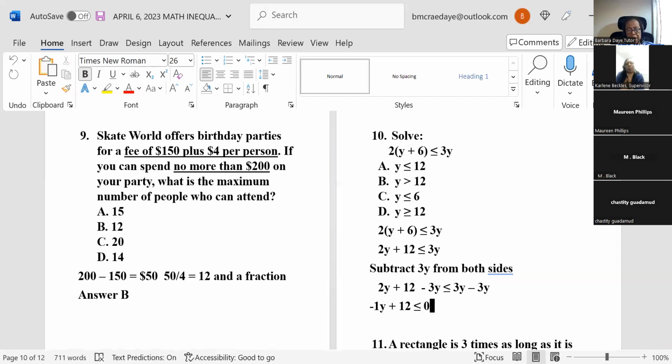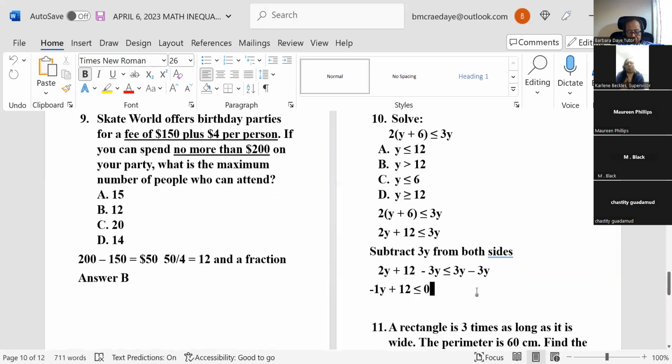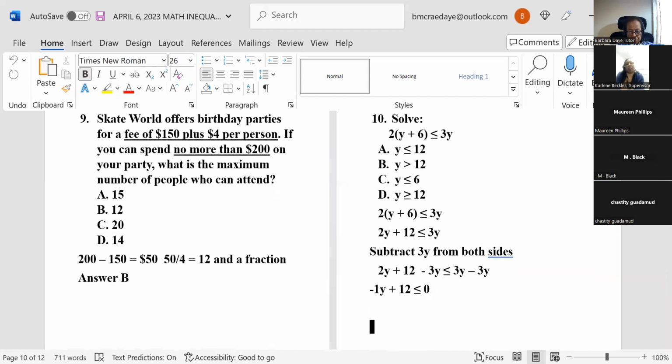Now you want to get your 12 on the side with the 0. So what do you do, Mercedes? Sorry, we're not going to subtract 1y from both sides. The 1y is on the left side, and we want to leave it right there. We're going to do something with the 12 on both sides.